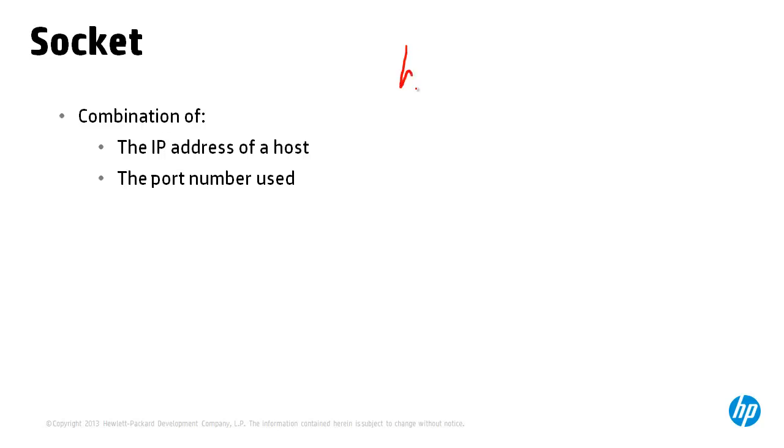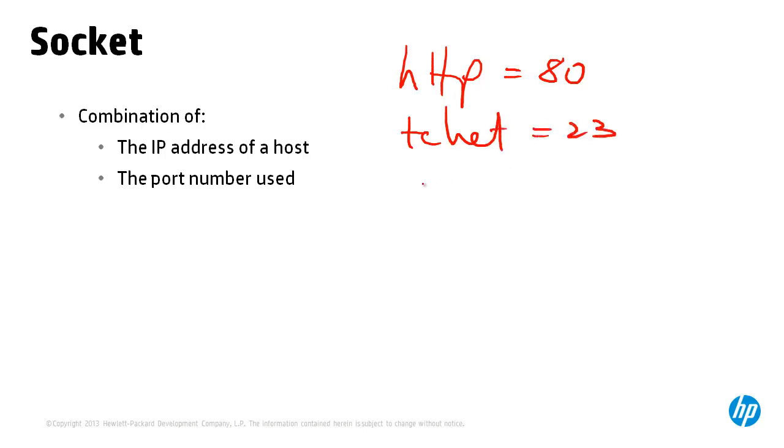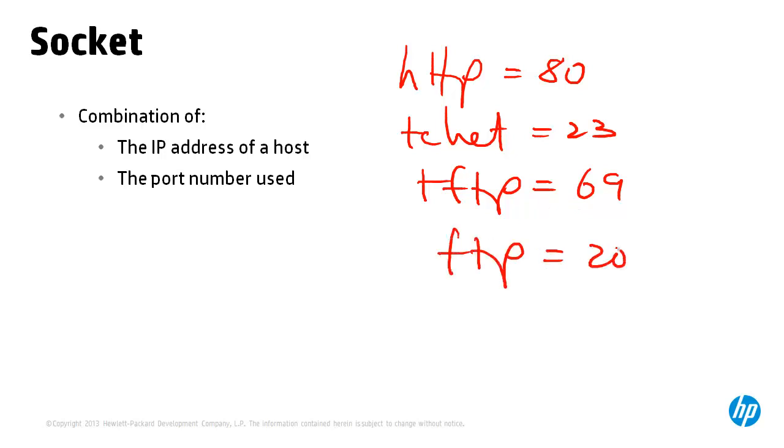Some well-known examples are HTTP, port 80, Telnet, port 23, TFTP, port 69, FTP, port 20, port 21. There are a lot of well-known port numbers, but there are some examples. And the transport protocol used, in other words, TCP or UDP.